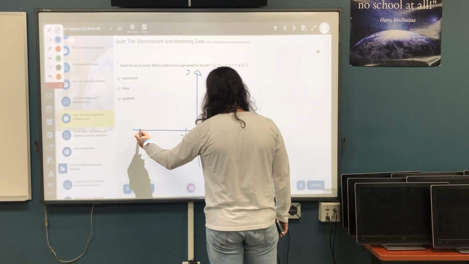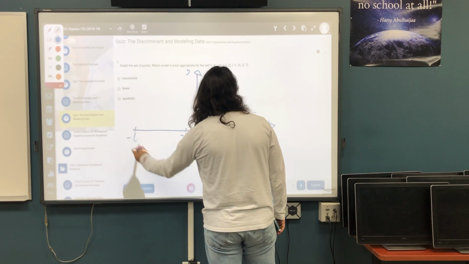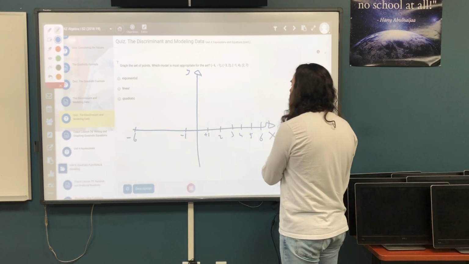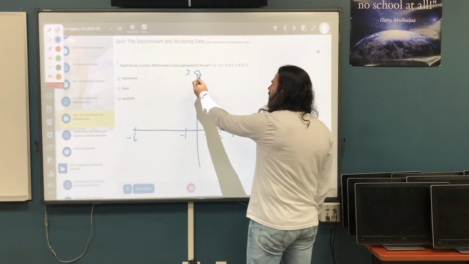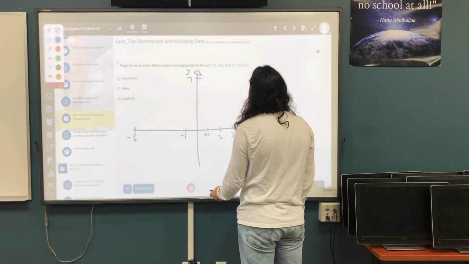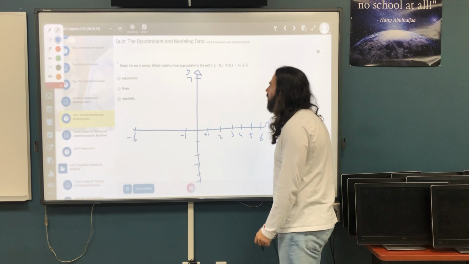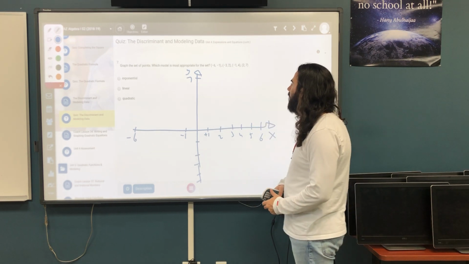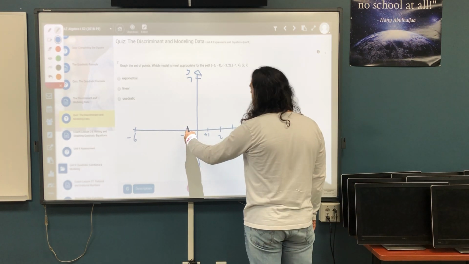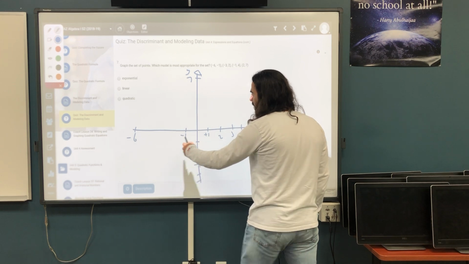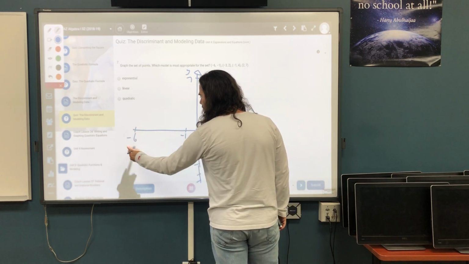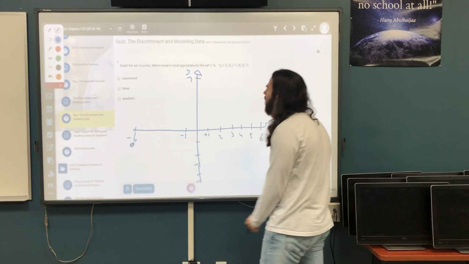The same thing, we have 6 here, negative 6. And y we have from 7. So let's say this one is 7. And negative 1, negative 2, negative 3, negative 4, negative 5. So let's start with the first one, negative 6, negative 1. The x is negative 6, and y is negative 1. So it's going to be here. That's the first one, okay?